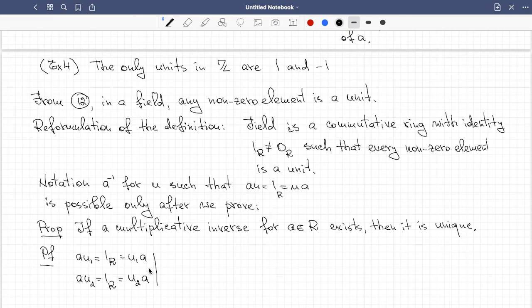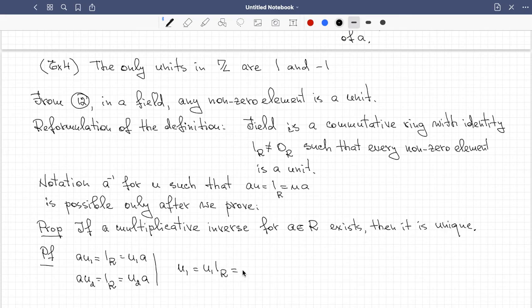From these assumptions, we derive that u1 is equal to u1 times 1, simply because by the requisite property of identity, we can multiply by identity without changing the element.